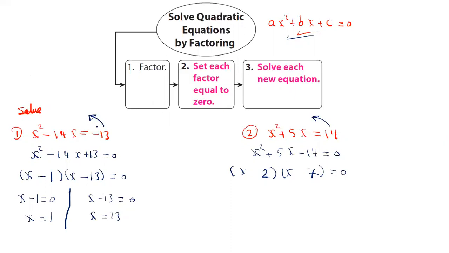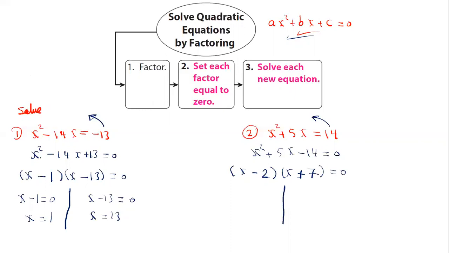So we have these two cases. If the last sign is positive, the signs will be the same, according to the midterm sign. But if the last sign is negative, the greatest factor will take the sign of the midterm, and the other is different.